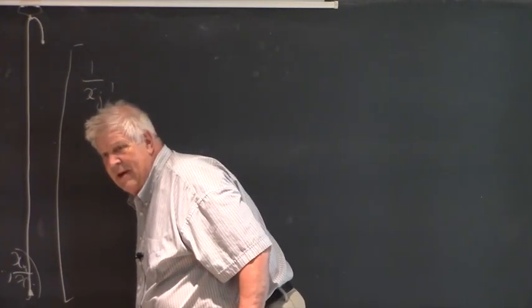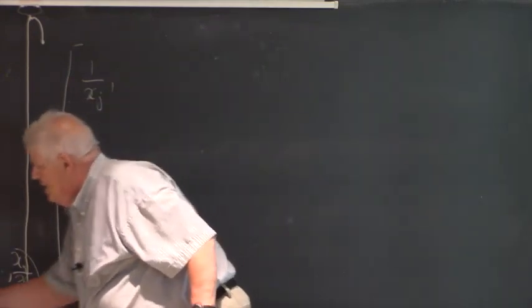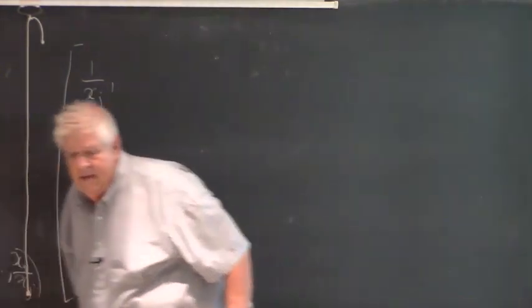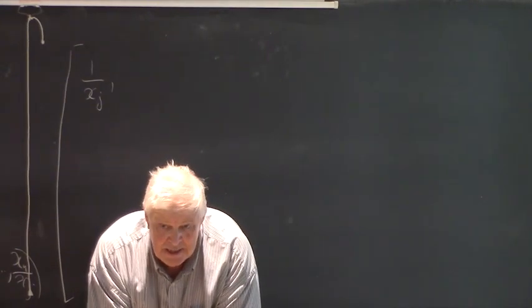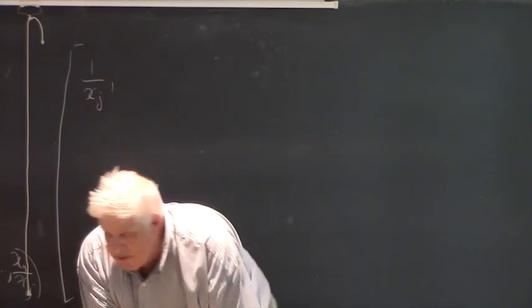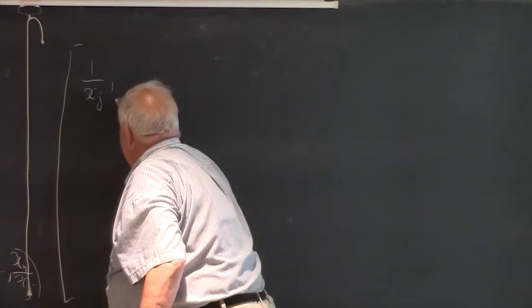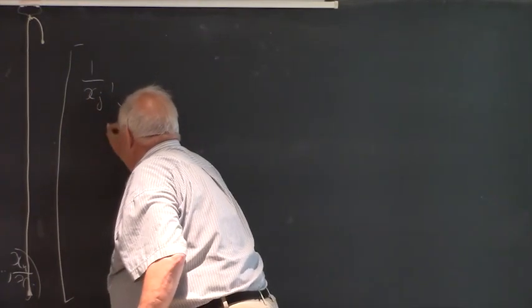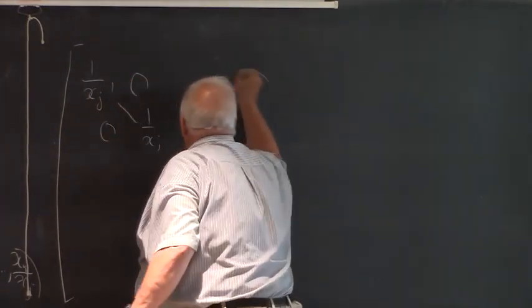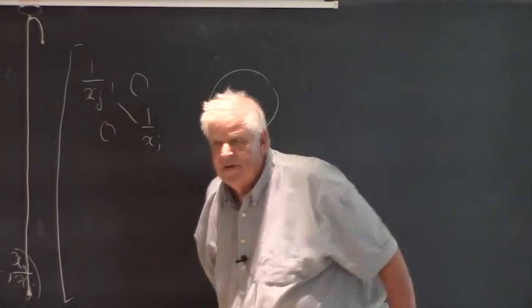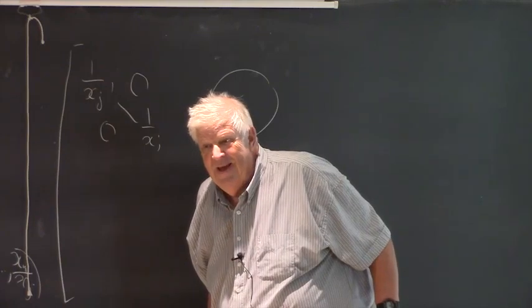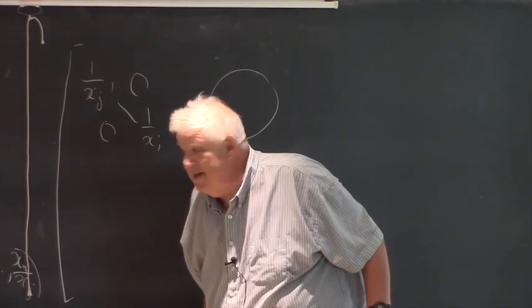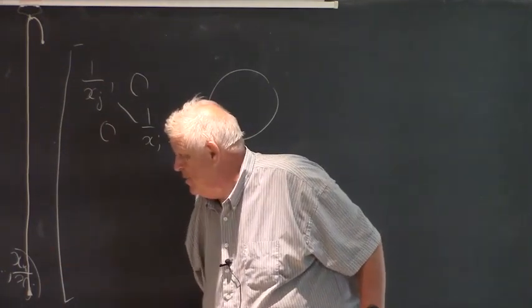Then the second row will have 1 over xj in the second place, right? And so on. Then certainly the most difficult thing is the derivative with respect to xj.